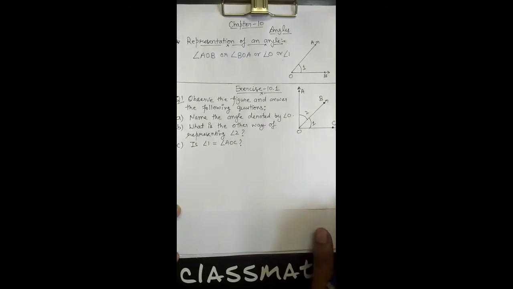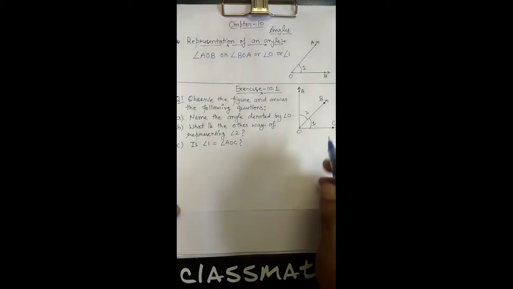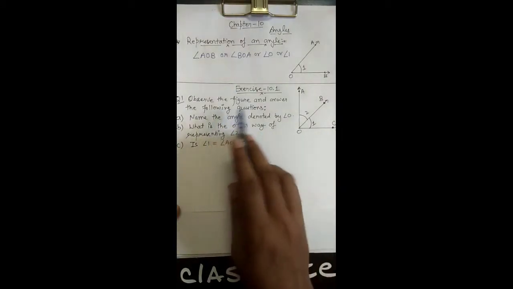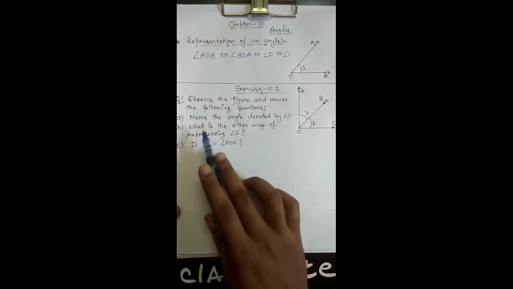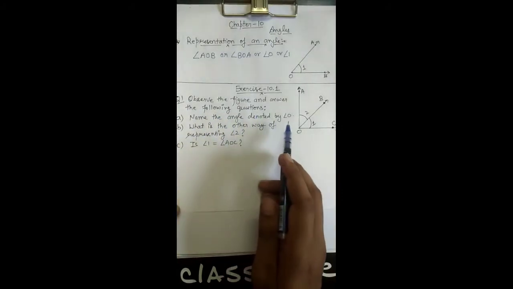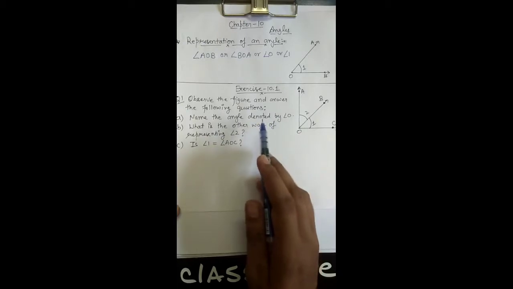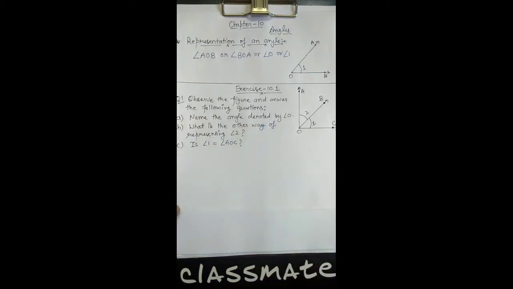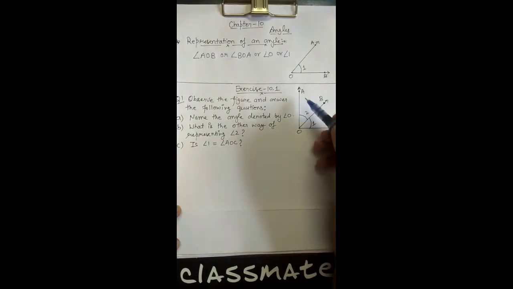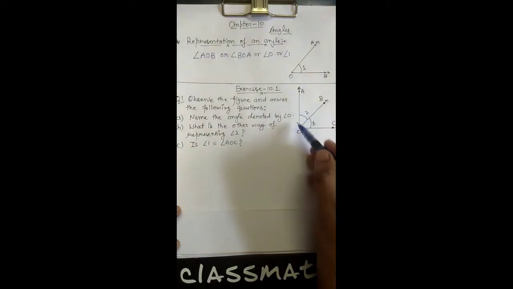Now students, let's take a question of exercise 10.1. This is the given figure and the question is, observe the figure and answer the following questions. First is, name the angle denoted by angle O. As you can see, angle O is this complete angle AOC.